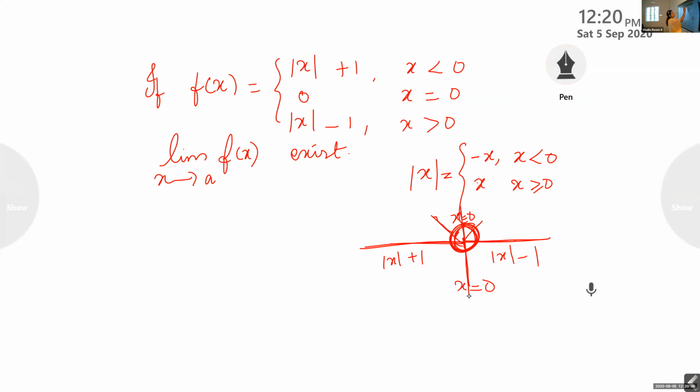So this function f of x is equal to modulus of x plus 1 if x is less than 0, 0 if x is 0, and modulus of x minus 1 if x is greater than 0.